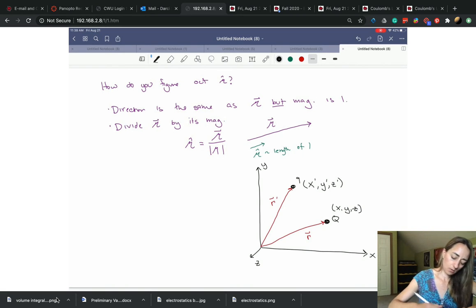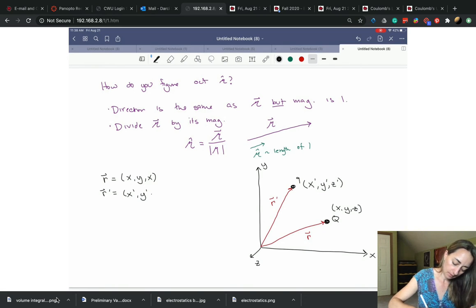So in this coordinate system, our r vector, or position vector, could also be described by our x, y, z coordinates.